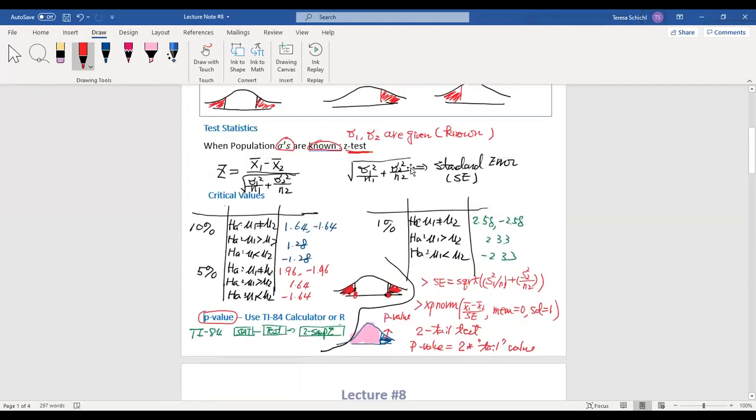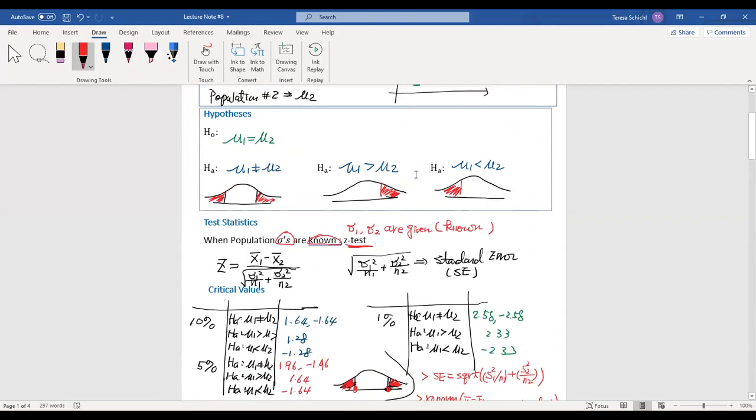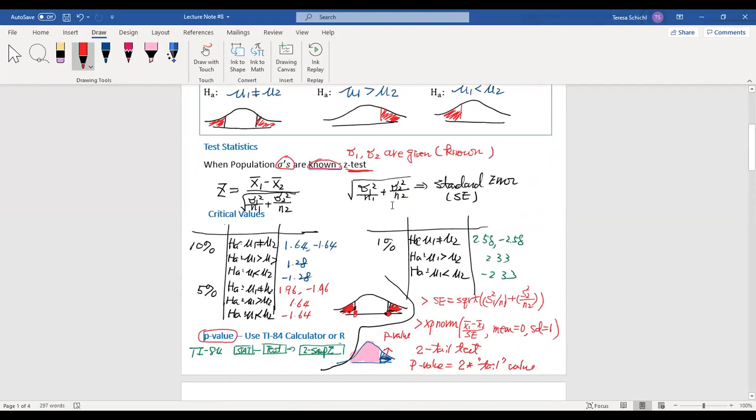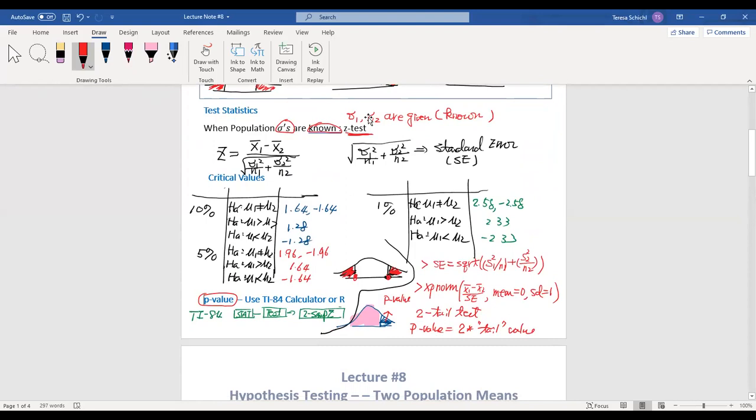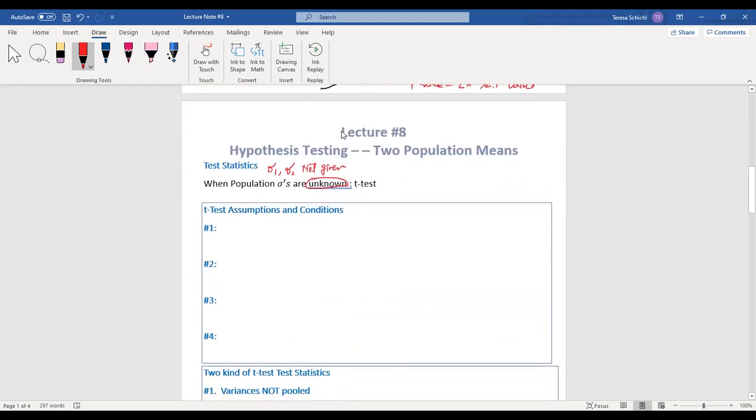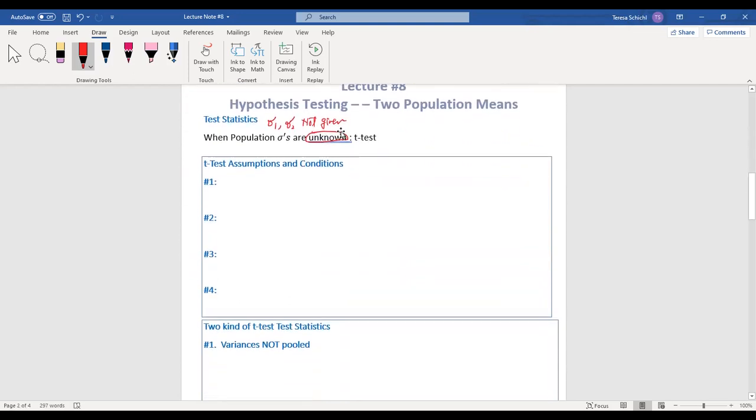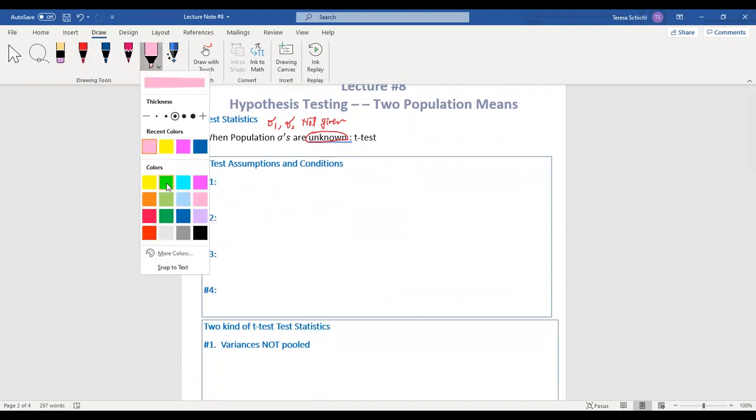So if you take a look here, this is what we discussed in video number 1: when sigma 1, sigma 2 are given, then we use the z-test. So now we say, how about when sigma 1 and sigma 2 are not given?